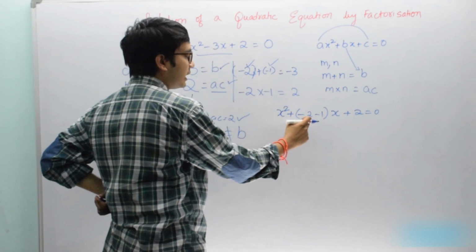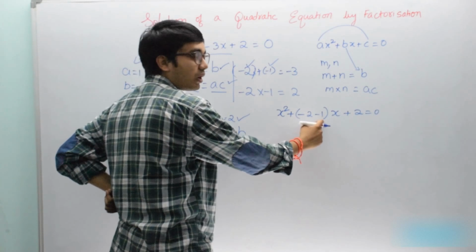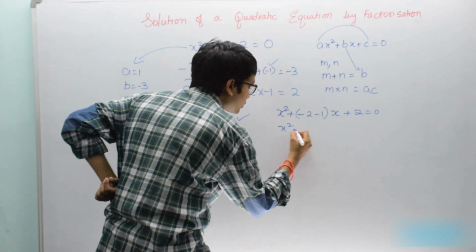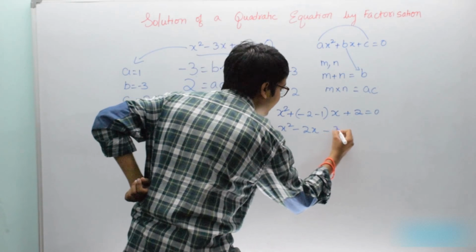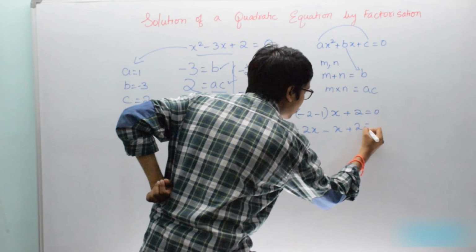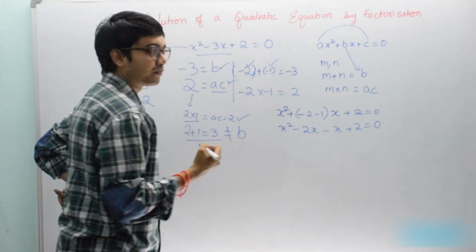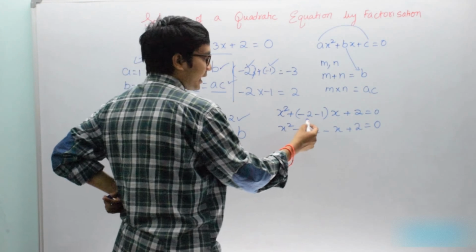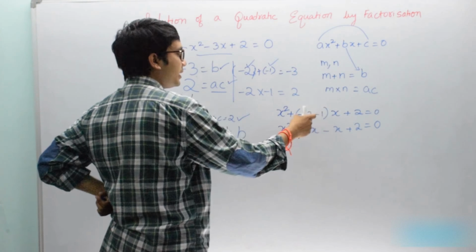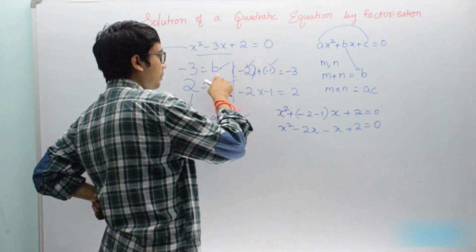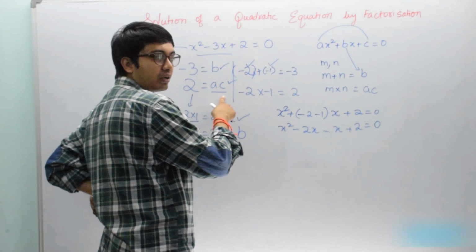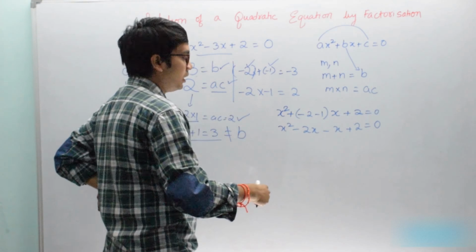I have split the middle term, minus 3, into minus 2 minus 1. So I will write x square minus 2x minus x plus 2 is equal to 0. What I did, I have split the middle term into two numbers such that the sum is equal to b and the product should be equal to product of the numbers a and c.